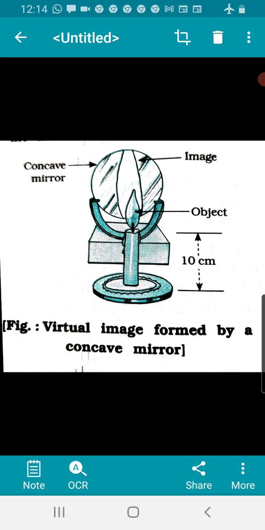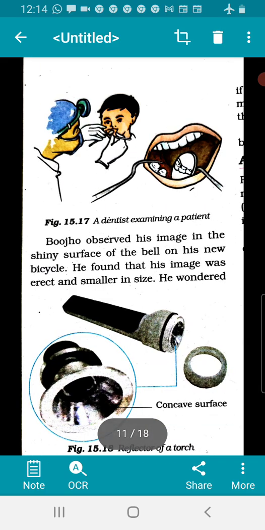So here we can see the virtual image is formed because the object is very close to the concave mirror.